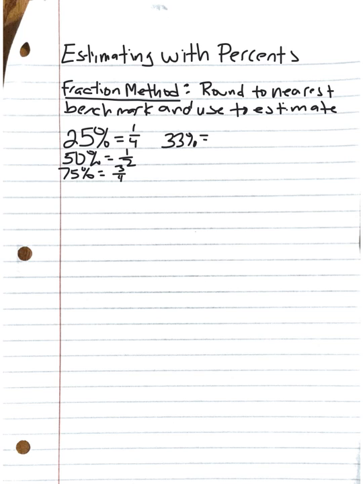It's also good to know that 33% is 1/3, and 66% is about 2/3. And then the other thing, if you don't have one of these benchmark fractions, is kind of thinking just the closest 10%. So for example, 20% would be 2/10 or 1/5.